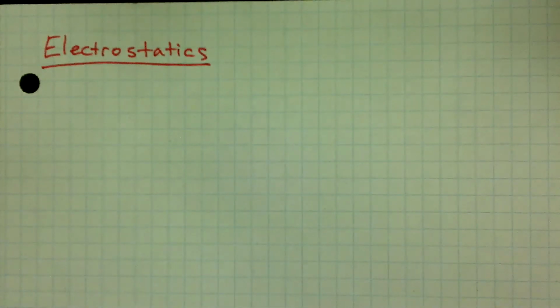This is electrostatics. You've heard of static electricity before, but I think this was one of the questions in the package you did. Does anybody remember what electrostatics is? What makes electricity static?